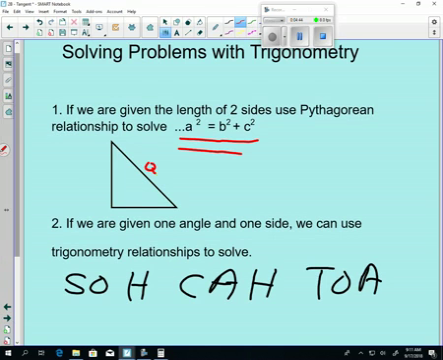They put A here, B here, and C here. And this is the hypotenuse, then A squared equals B squared plus C squared. If we're given one angle and one side, here we only got one angle and one side. We have to use one of these things, SOH CAH TOA. All right? So if you have a problem given two sides, use Pythagoras. If you're only given one side and an angle, you have to use trig.